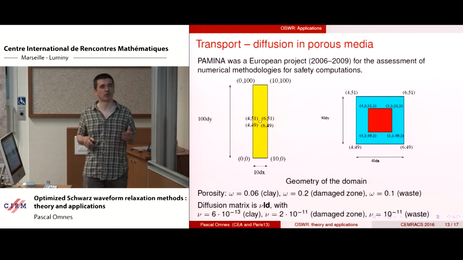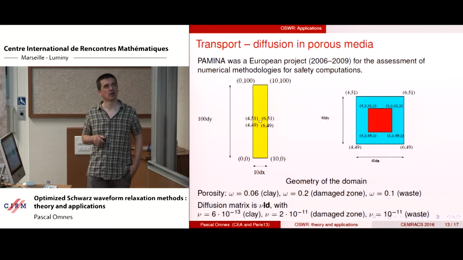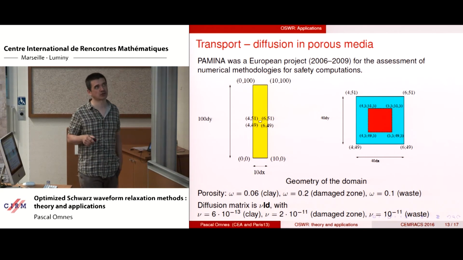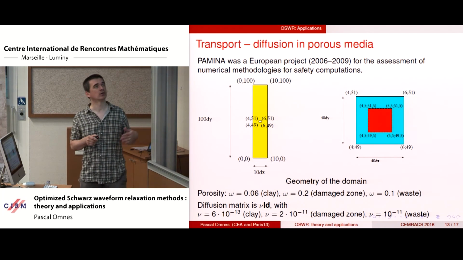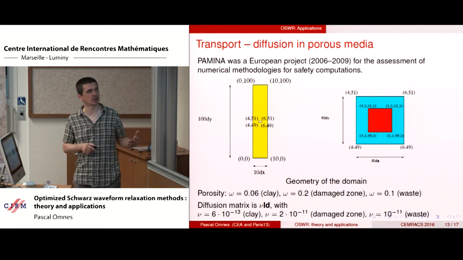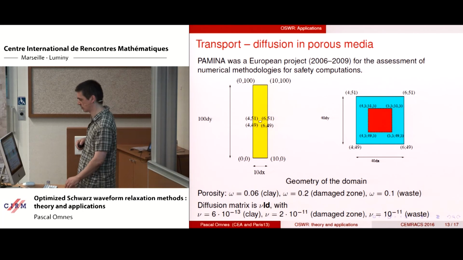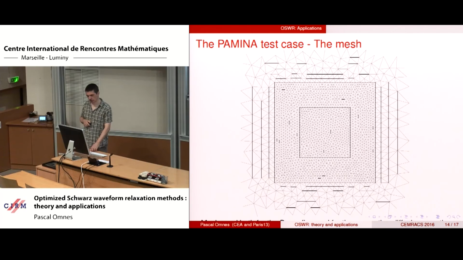So from the physical point of view, you would like to have time steps which will be typically 10 times larger where typically nothing happens, because it's much less diffusive than in the other zone. So we tried to make computations with different time steps in the different zones.